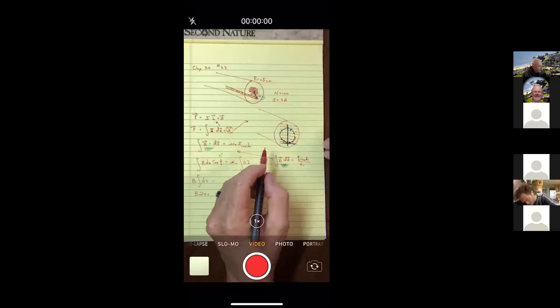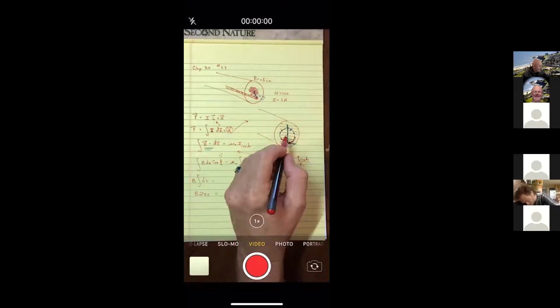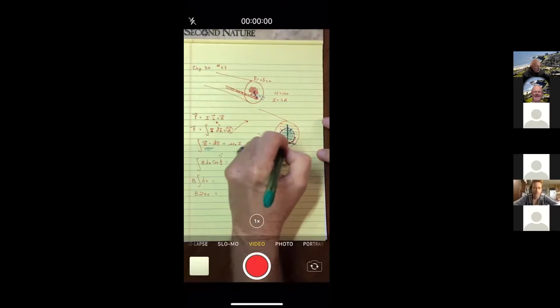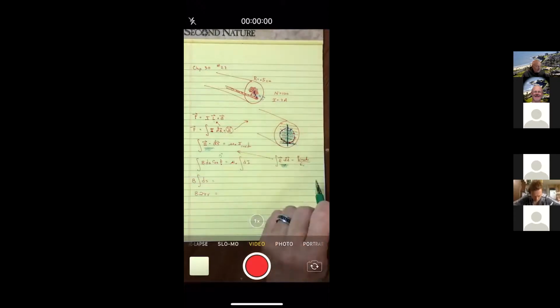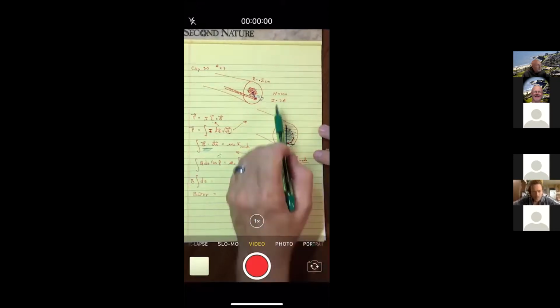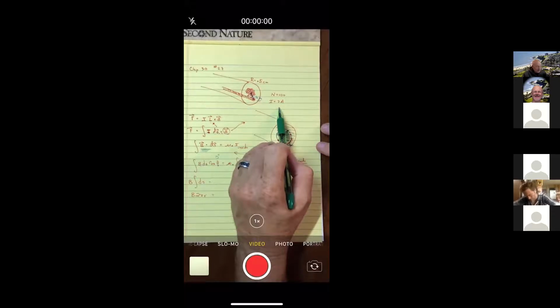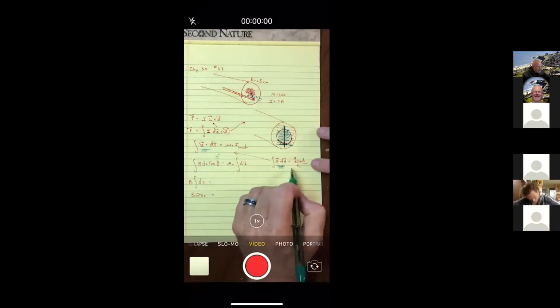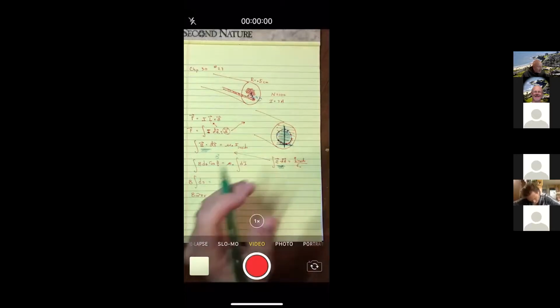I'm going to be adding up all the current that is inside of my Amperian loop. It's not the full current. In this case, the full current would be 200 amps, because it would be 2 amps in each wire times 100 wires. And that's not what I have. So this number is something less than the 200 amps.